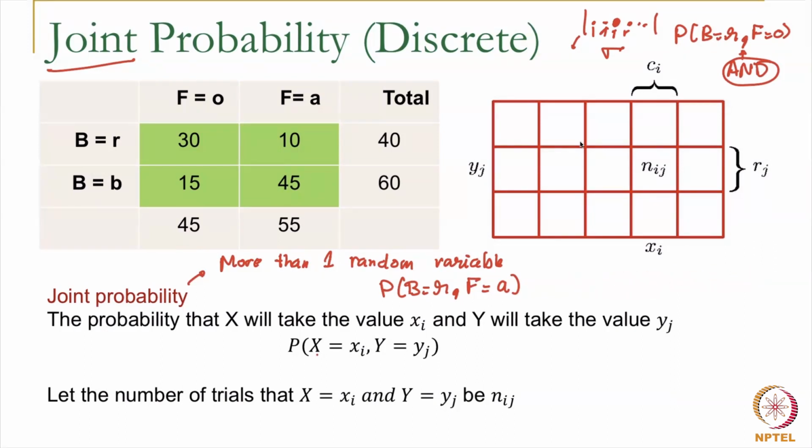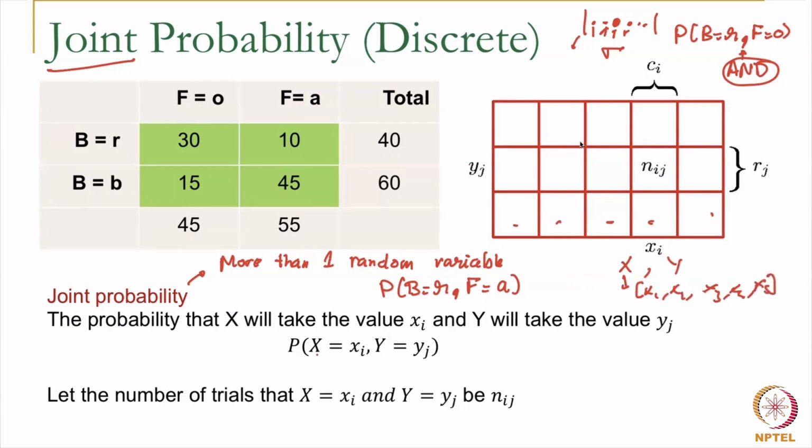Okay, returning back to this example, let us generalize this. This is, of course, the basket case with 2 variables, and each of them had only 2 possibilities. You could have a more general case where you have 2 random variables, X and Y, and X has 5 possible values: x1, x2, x3, x4, x5.